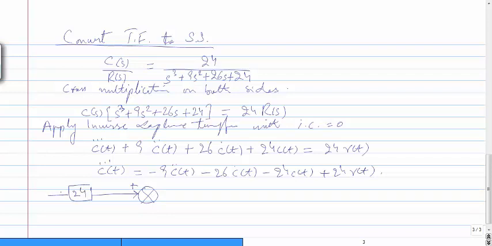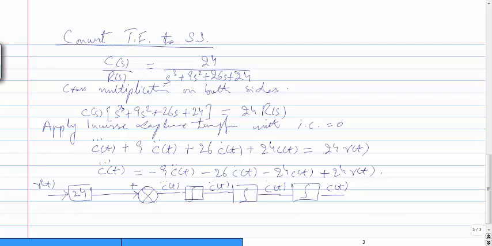After that, assume this is the result we get for the third derivative. Now if I do an integral here, I get c double dot. If I do another integral, I get c single dot of t. If I do another integral, I get c of t.